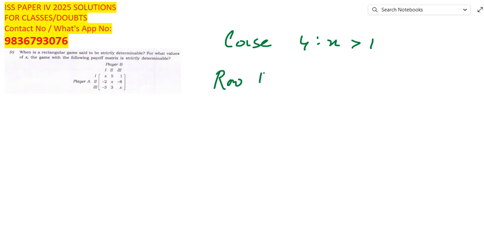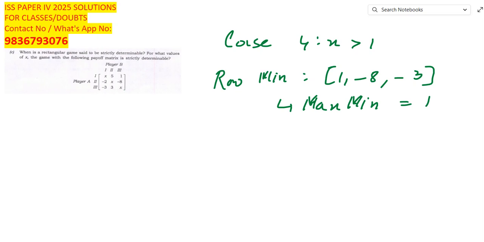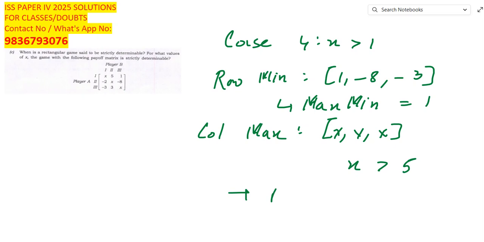So here what is the row minimum? 1, minus 8, minus 3. So then maxmin will be 1. Again column max will be x, x, x. Why? Because x is greater than 5. So then minmax will be x. So no equality, 1 is not equal to x.